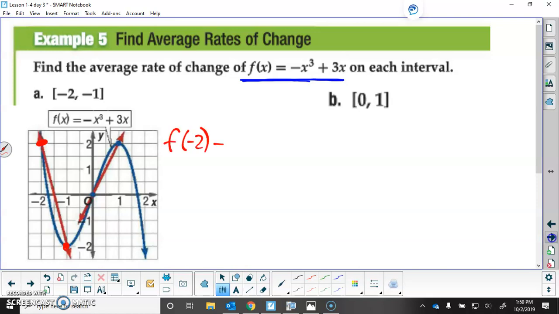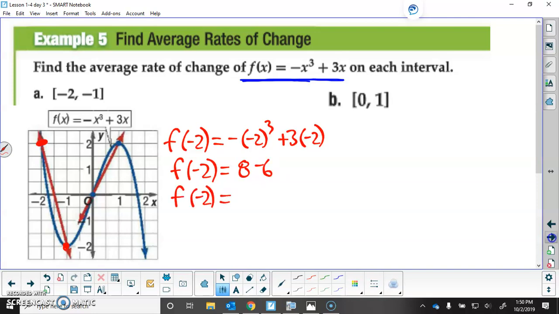We put negative 2 into the function, and that's going to give me negative 8, making it positive 8, minus 6. So f of negative 2 is 2.